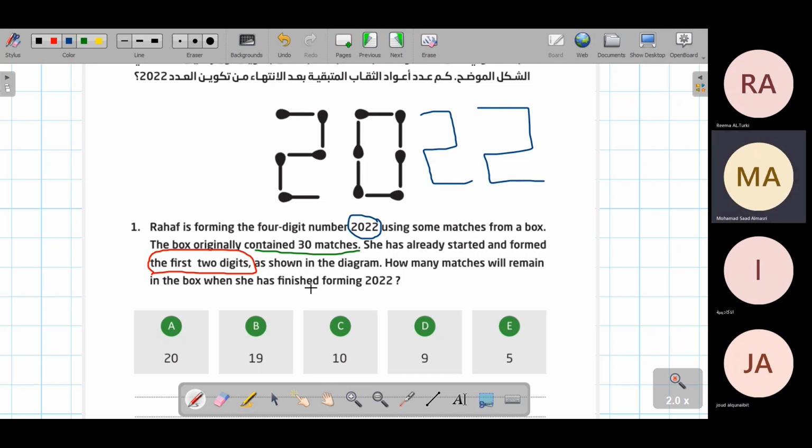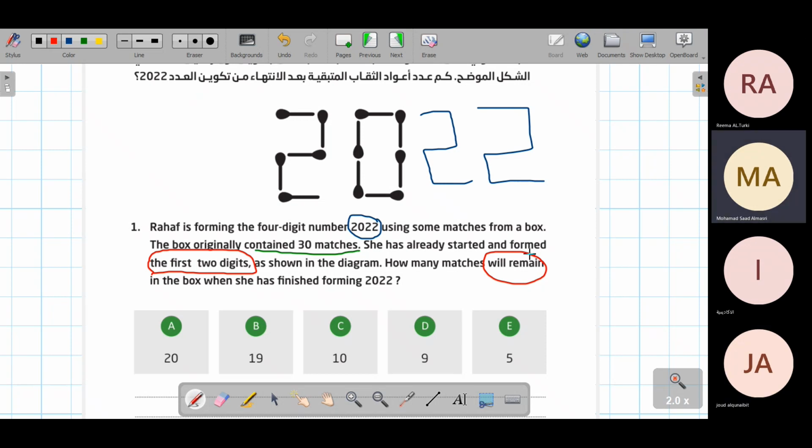I don't want to know how many matches I will use. The question is about what? How many matches will remain in the box when I finish forming the number 2022?